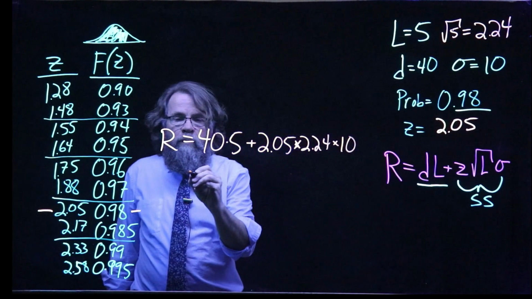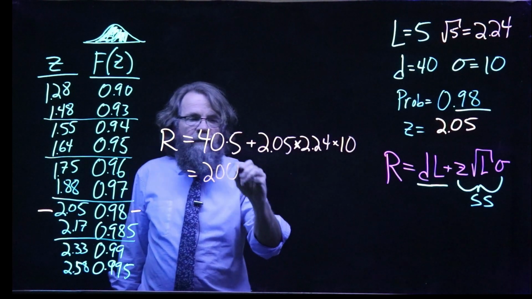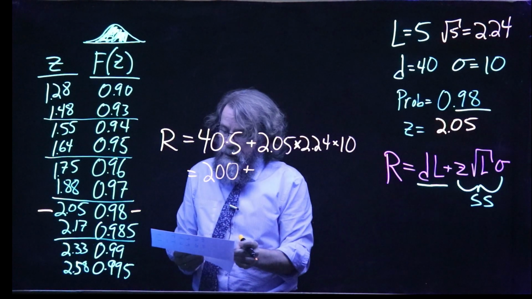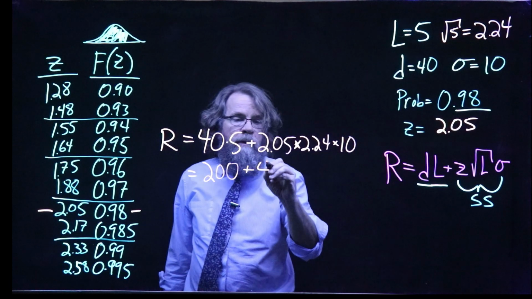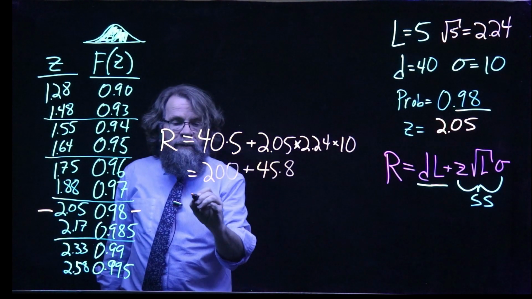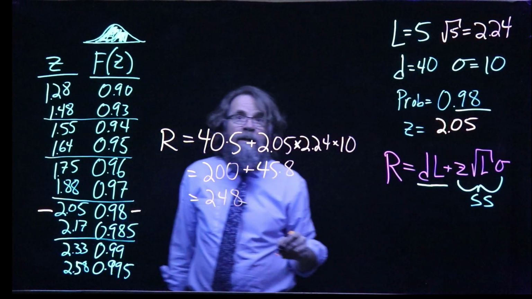Okay, so multiplying this out, 40 times 5, obviously that's 200. The rest of this works out to 45.8. So our reorder point is the sum of those, so 248.